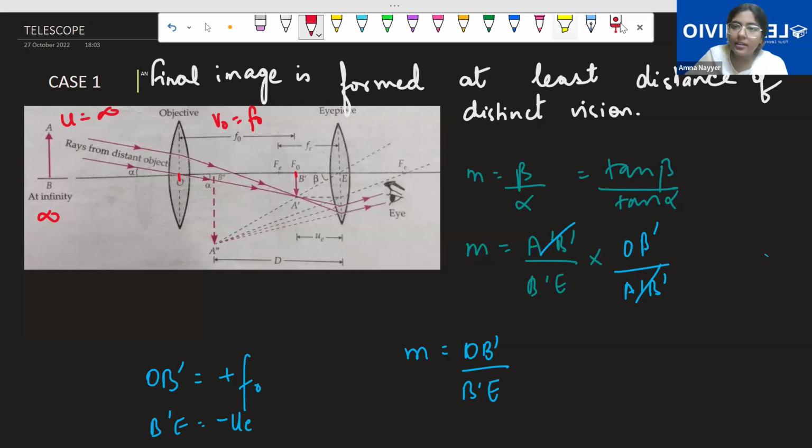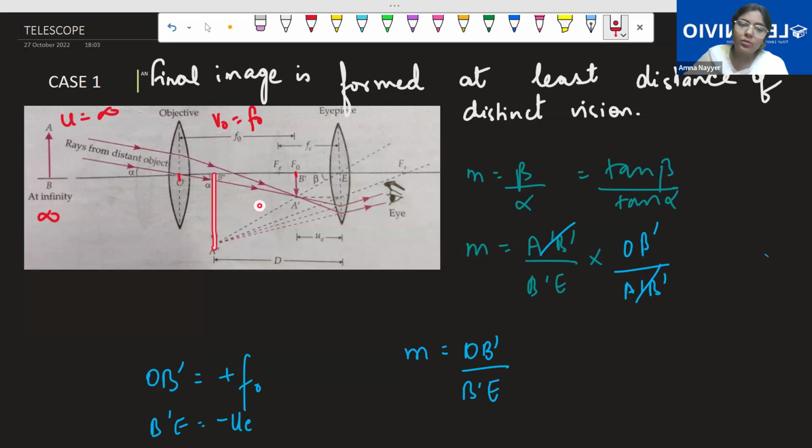Then the rays of light pass further to the eyepiece, and the human eye views it. In comparison to the actual size it is smaller, but at least we get an enhanced image of it and we are able to see it. This is our final image.